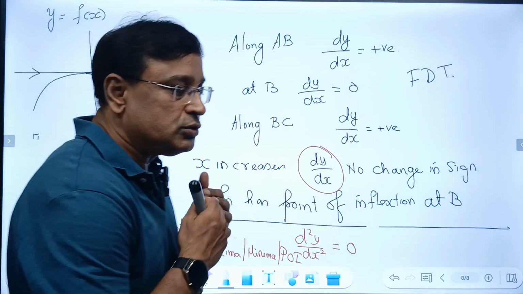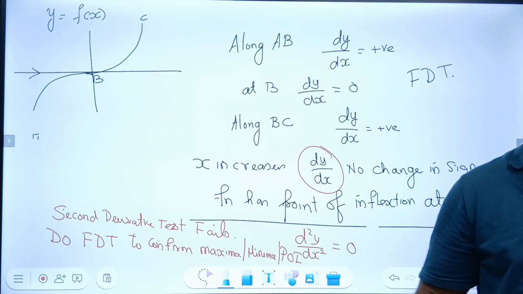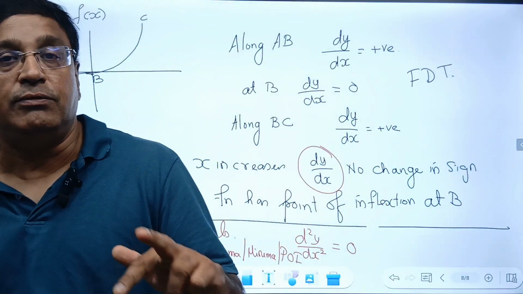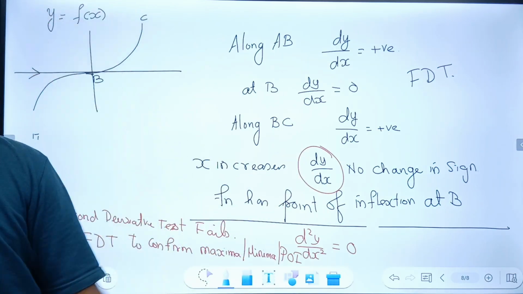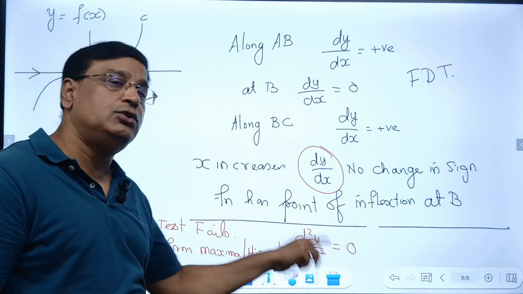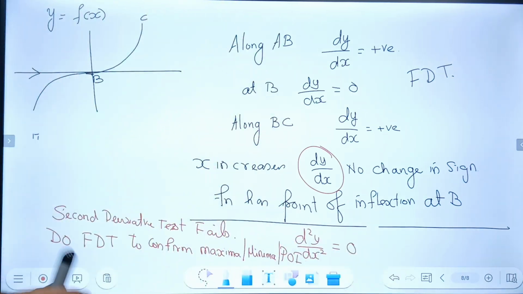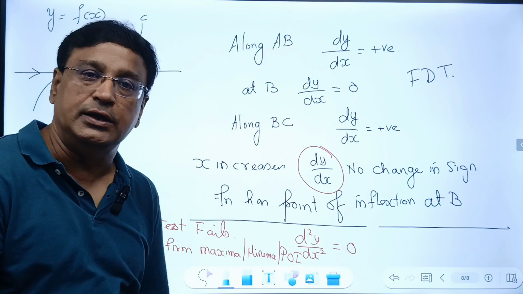Now, one thing you should remember: if the second derivative is positive, the function has local minima. If the second derivative is negative, the function has local maxima. But if the second derivative is 0, you cannot conclude that it is a point of inflection. All that you can conclude is the second derivative test fails.